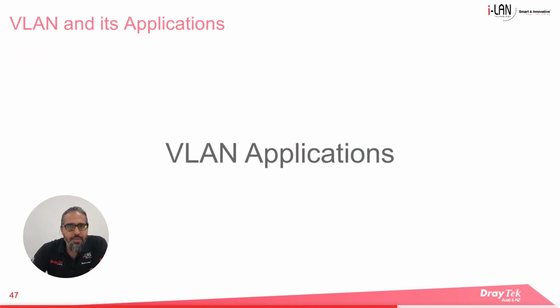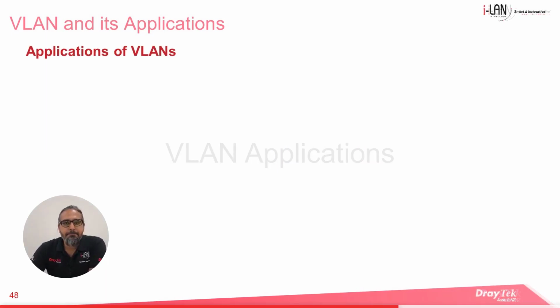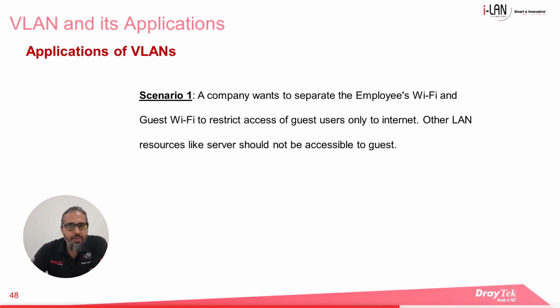Let's look at some typical scenarios where VLANs can be advantageous. Let's assume that a company wants to separate the employee Wi-Fi network and guest Wi-Fi so it can restrict network access for guest users. We want guest users to be able to access the internet, but we don't want them accessing other LAN resources such as the servers, printers, and internal portals.